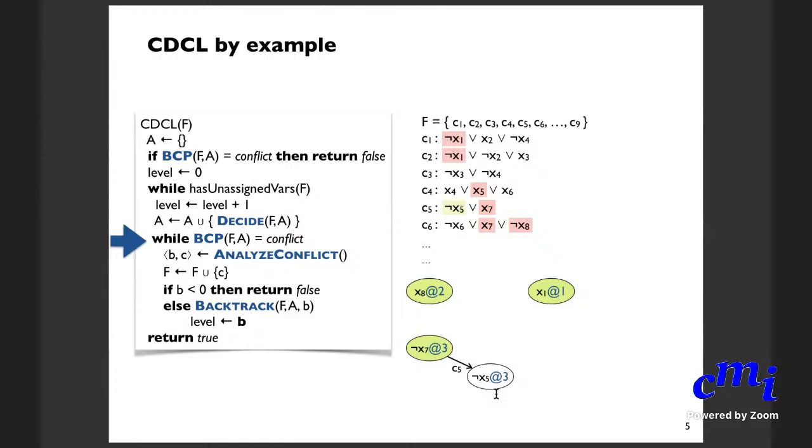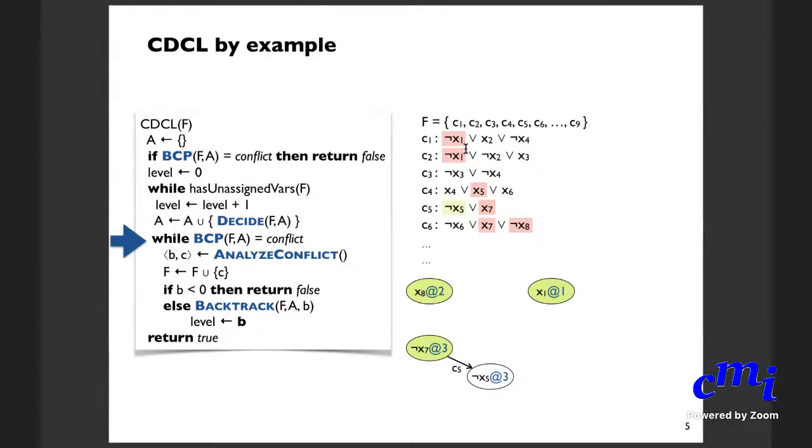What are those @3, @2 labels? That's just the level, because non-chronological backtracking depends on those things. This implication graph keeps track of the decisions and the level at which these decisions are made. We started with level 1, although in this algorithm it starts with 0. X1 is the first level of decision.